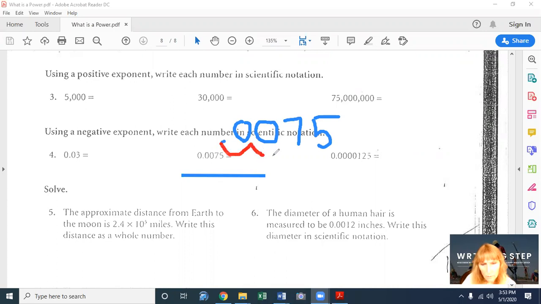So 1, 2, 3. If I put the decimal right there now, I have 7.5, which is between 1 and 9. So my answer then is, right here, 7.5 times 10 to the, now this is the very small numbers, and I have to put that in handwriting here, to the negative 1, 2, 3. We went 3 jumps, so 10 to the negative 3. So 7.5 times 10 to the negative 3.